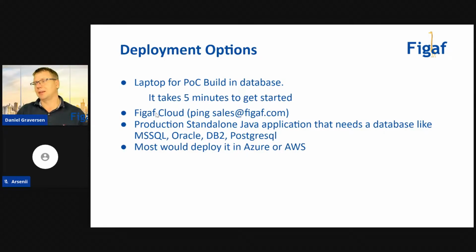For a real-life scenario, it's a Java application and you need one of these commercial-grade databases behind it. Most of our customers use it on AWS and then use their hosted Postgres solution for it because it works a lot simpler.